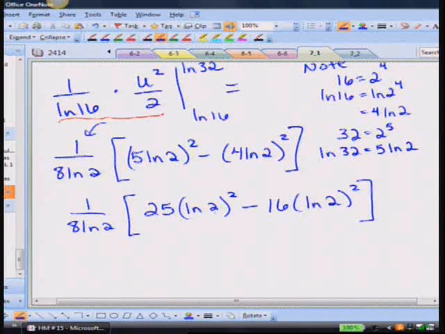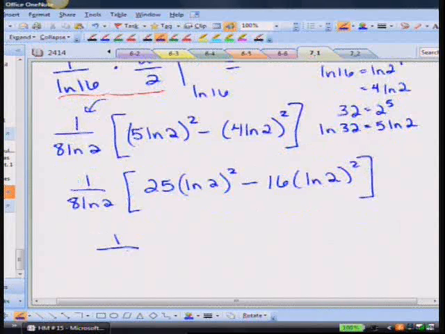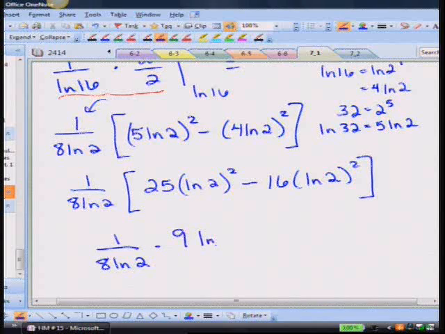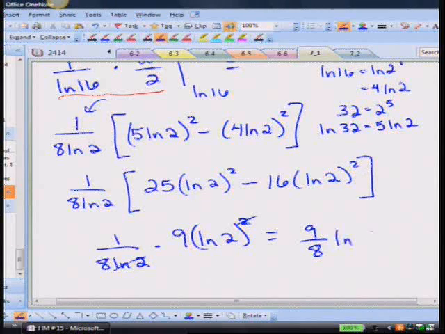So you've got 25 and you take away 16, which makes 9. So you have 1 over 8 ln 2 times 9 ln 2 squared. And so then finally, one of the ln 2's will cancel from the denominator, and you'll have one at the top. So this is 9/8 ln 2.